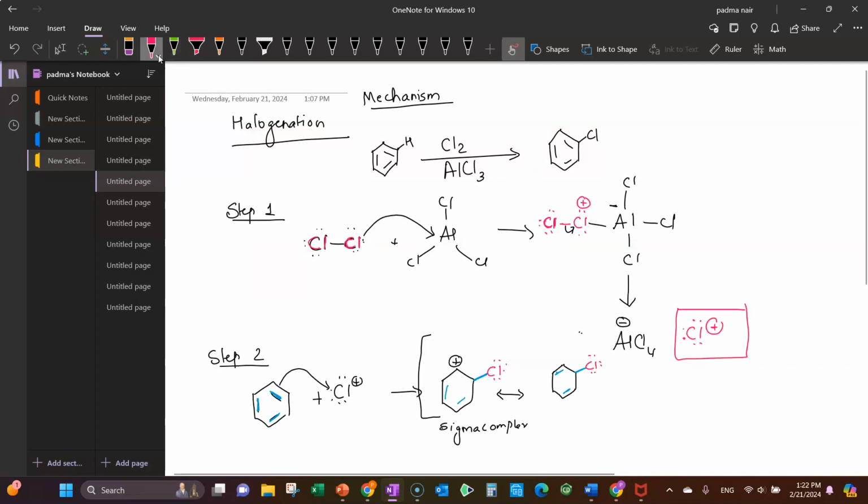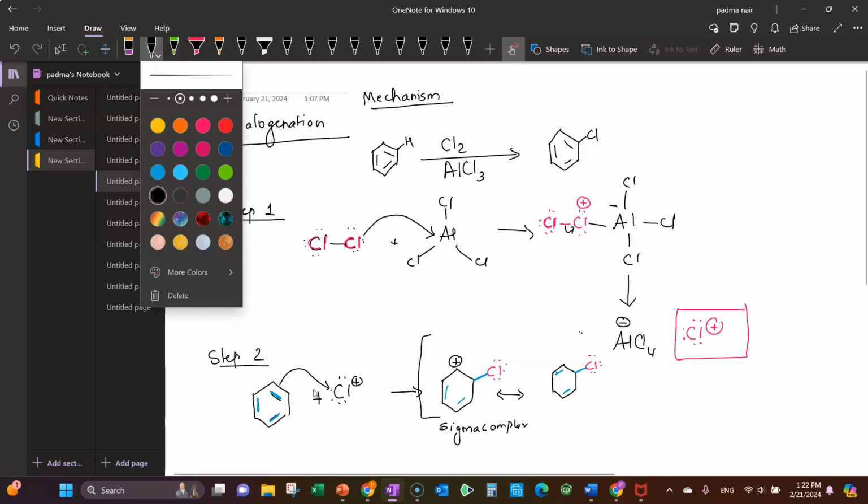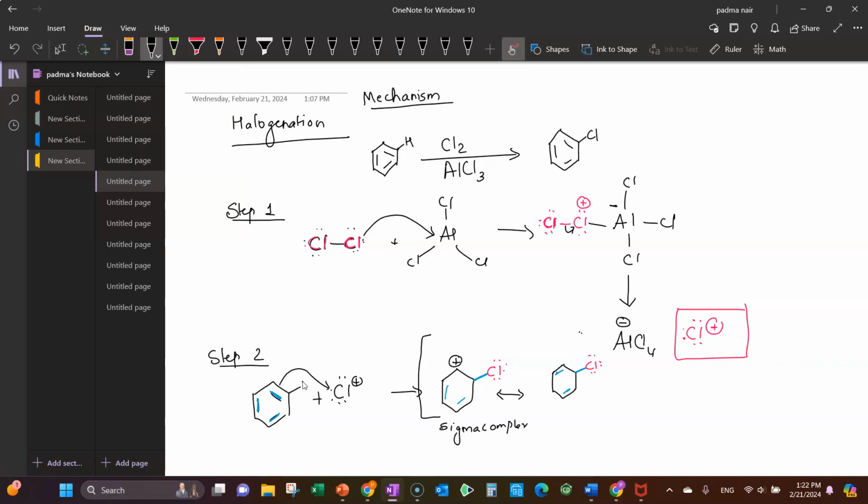Here I would mention that I'm going to keep on drawing this hydrogen atom, because ultimately that's the one that's going to be substituted. So it's a good idea to show the hydrogen atom, even though it is understood. Even if we do not draw it, it's understood there is a hydrogen atom there. I'm just going to draw it, because in the next step we will see that this hydrogen will be removed by the base. Okay? All right. So here is my second resonance structure.